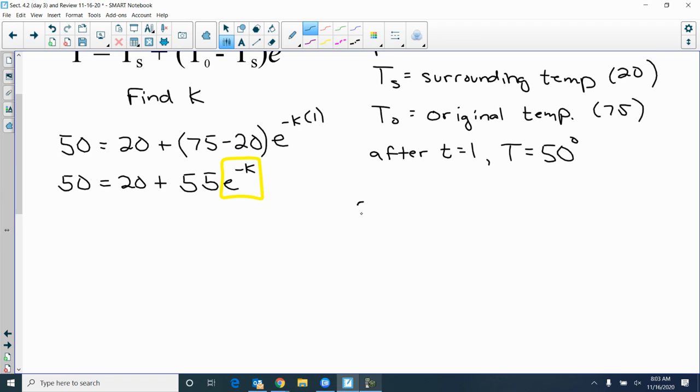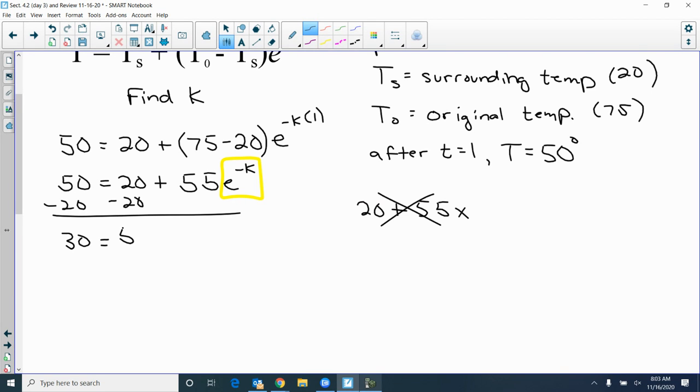It would be like 20 plus 55x. You cannot add those together and make it 75x. You've got to subtract 20, and you get 30 equals 55 e to the negative K.